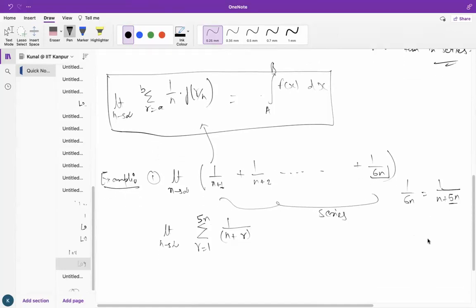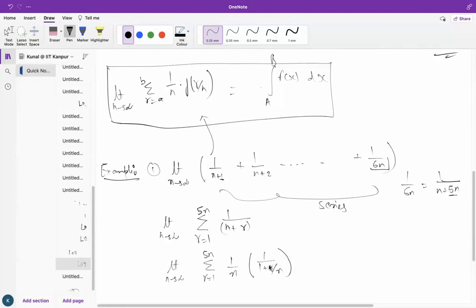Now what you have to do is create 1 by n and something r by n term. So take n common from here. So we get limit n tending to infinity, summation from r equal to 1 to 5n, and I take common 1 by n, so it will be 1 plus r by n.